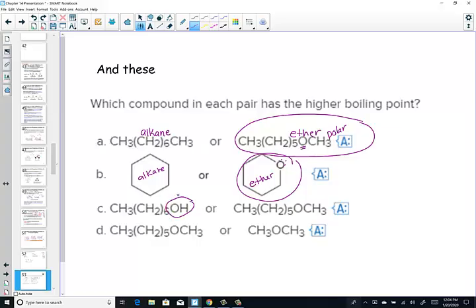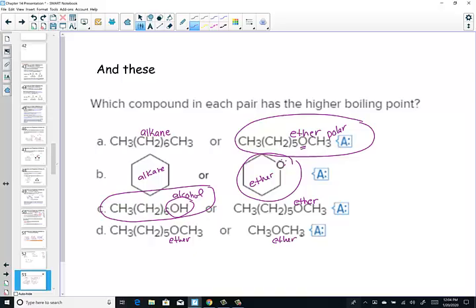In letter C, I have an alcohol functional group, and I'm comparing that to an ether linkage in the second molecule. Of course, alcohols will have the highest boiling point simply because they have the greatest intermolecular attractions with hydrogen bonding available. And now I see that letter D gives me an ether, and I'm comparing it to yet another ether.